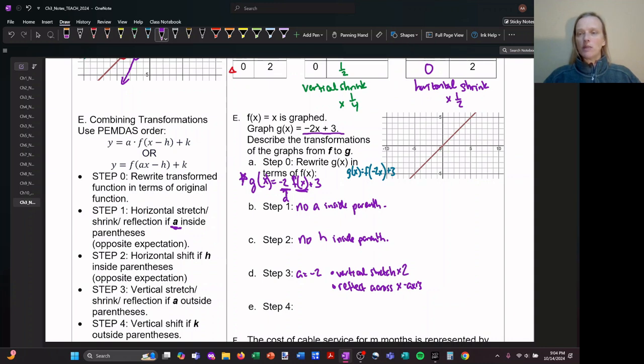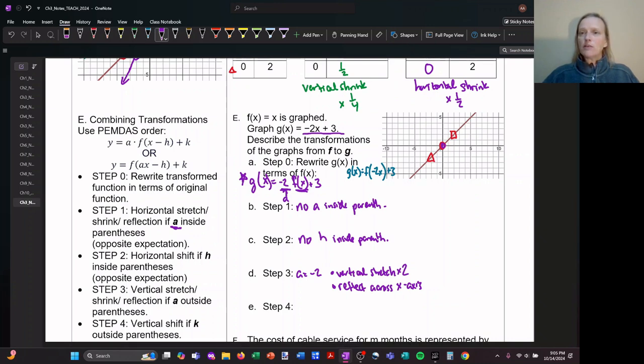So what I'm going to do is think about this point, and I'll think about this point. And the 0 isn't going to change. The 0, 0, the origin isn't going to change at all with the vertical stretch or the vertical reflection.